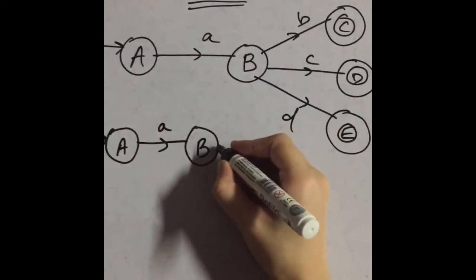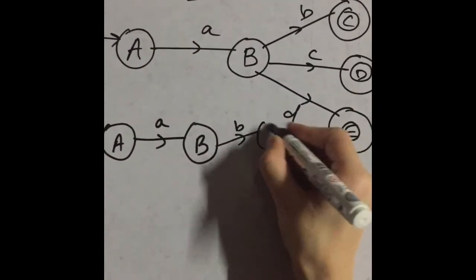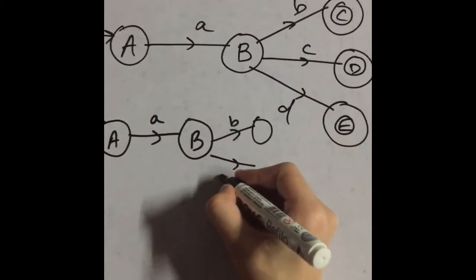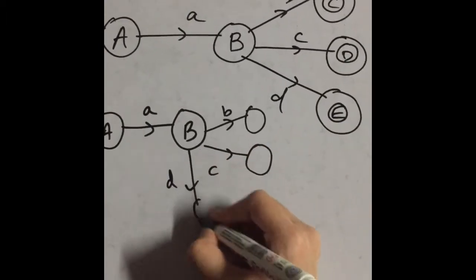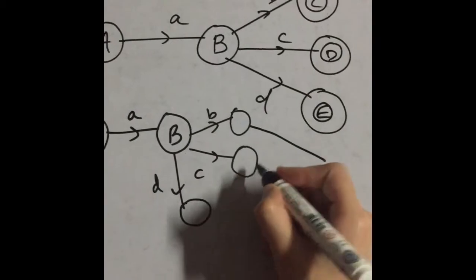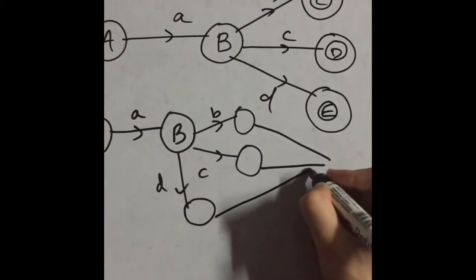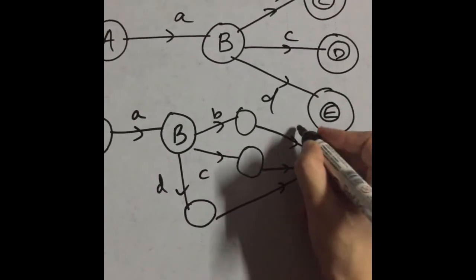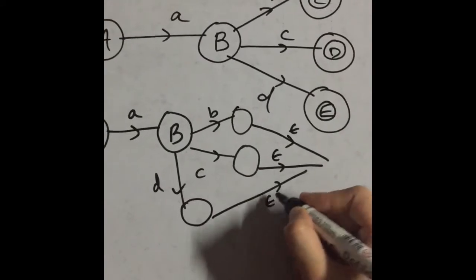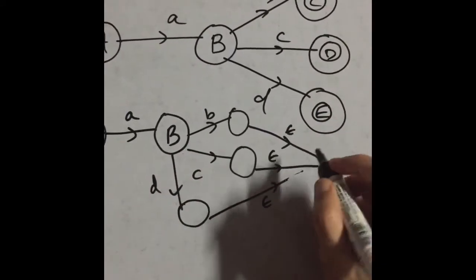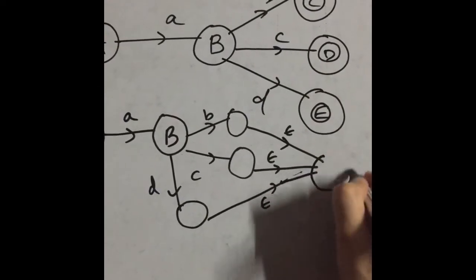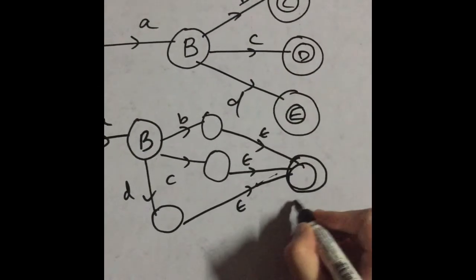Let's see. There is B, make it non-final, C, and there is D. And now there is a null transition from these non-final states, and make it a single final state.